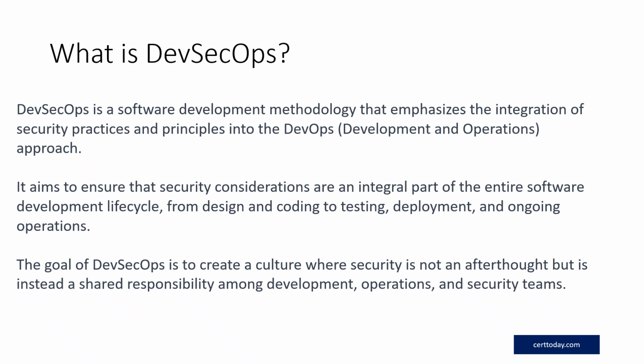It aims to ensure that security considerations are an integral part of the entire software development lifecycle, from design and coding to testing, deployment, and ongoing operations. The goal of DevSecOps is to create a culture where security is not an afterthought, but is instead a shared responsibility among development, operations, and security teams.